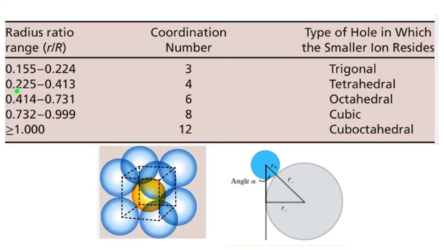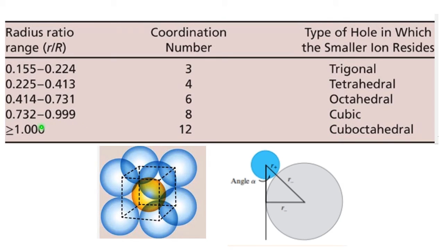If you have size from 0.22 to 0.4, you'll have very common tetrahedral arrangement. This is relatively common case. From 0.4 to 0.73, you'll have another common octahedral arrangement. Beyond that point, you have cubic.